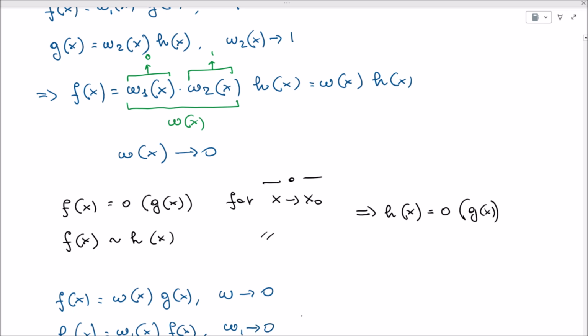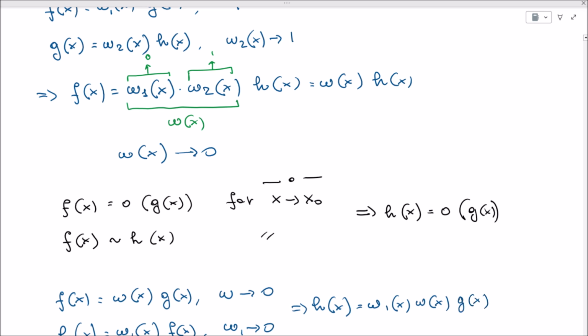And from this it follows that h of x is equal to omega 1 of x times f of x, which is omega of x times g of x.